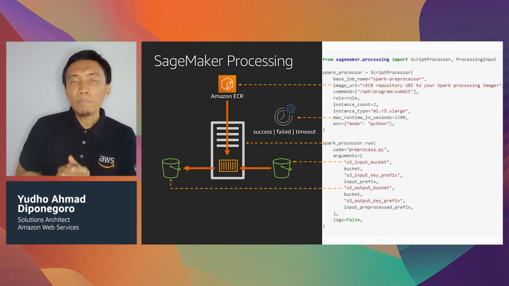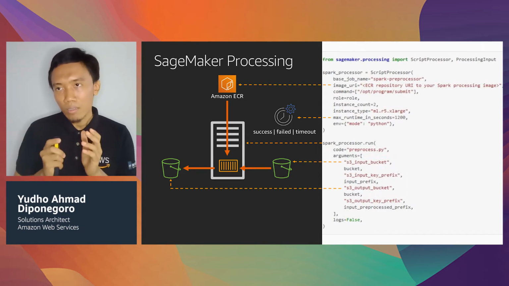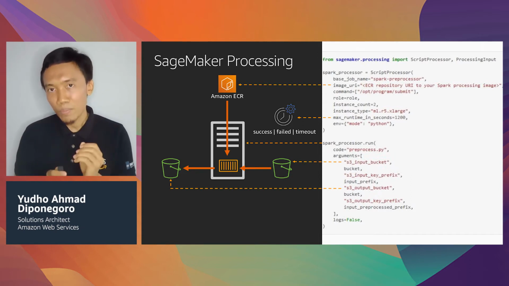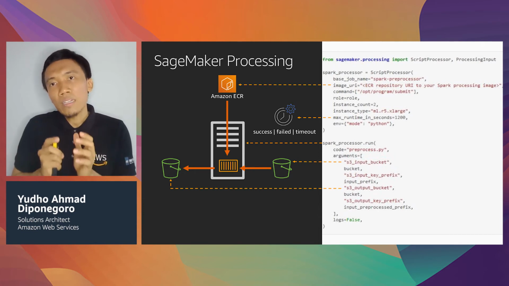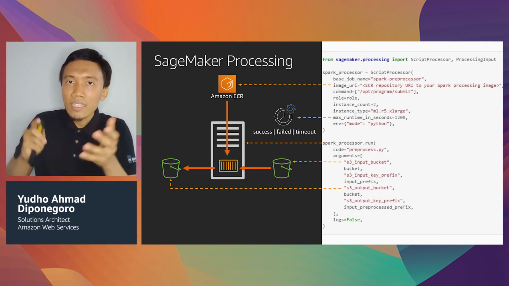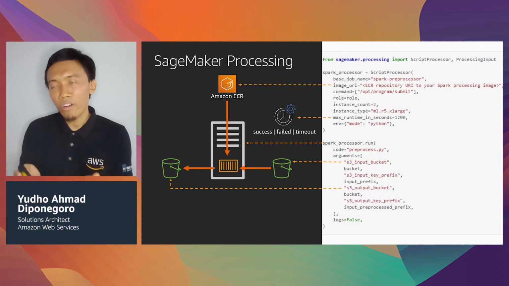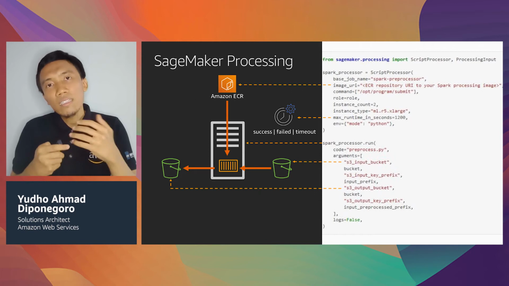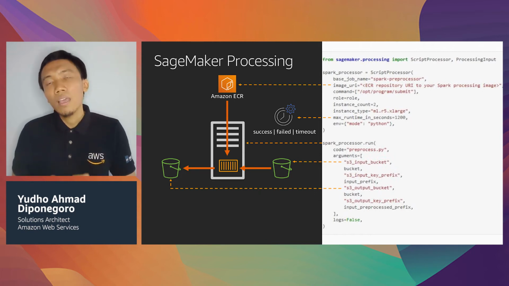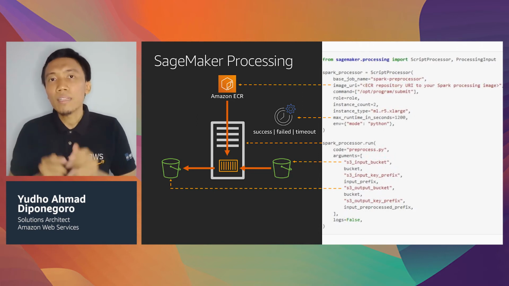If you look at the sample code here that is in Python, using the SageMaker SDK, you can see that you just need to specify the Docker image location that has the environment that you need to run the job, for example, Apache Spark in this case. And then you need to define what instance type that you need. You need to define the location of the input data in Amazon S3 and the location of the output data. And then you just simply call the method run.